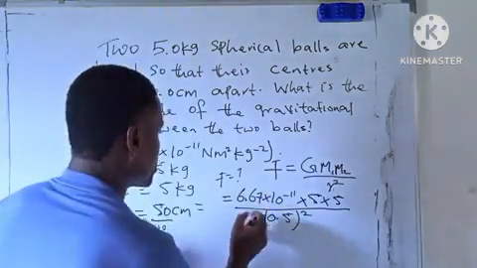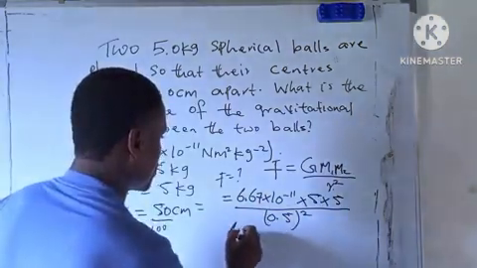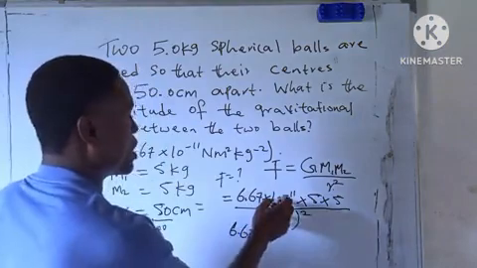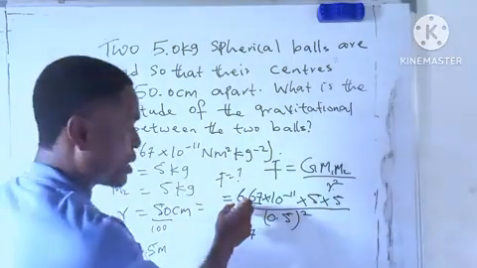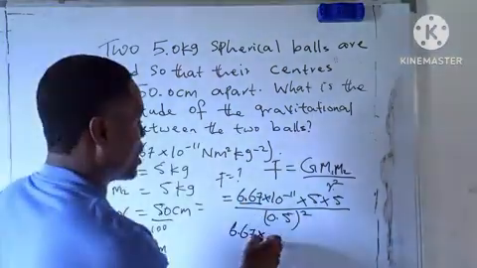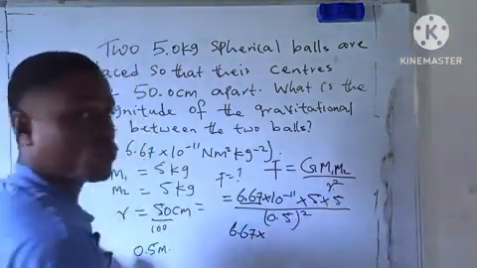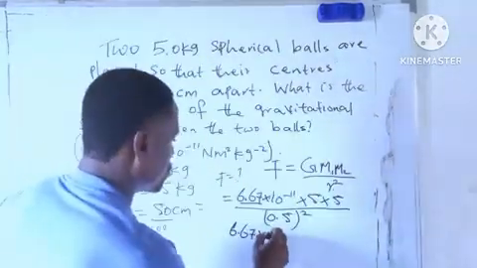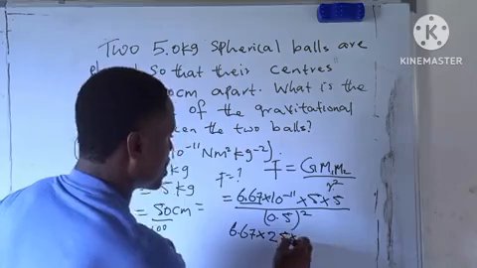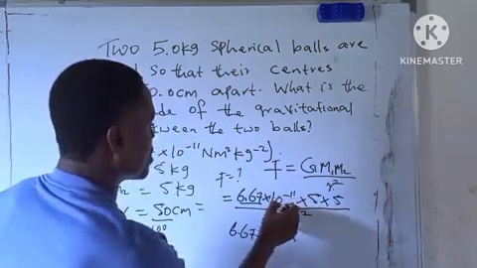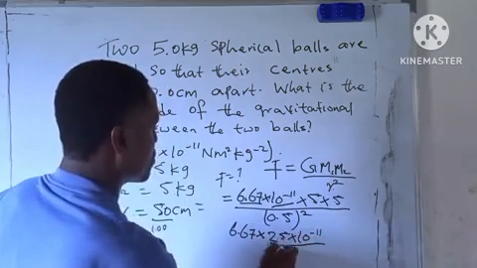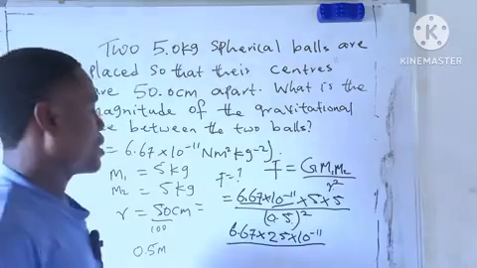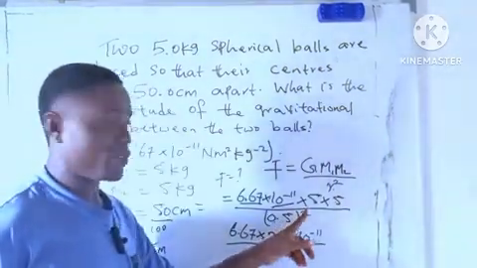This is what we do. Take 6.67, ignore the power of 10, just take only this one. Then multiply by 5 times 5, which is 25. Then you bring 10 raised to negative 11, all over 0.5 square.